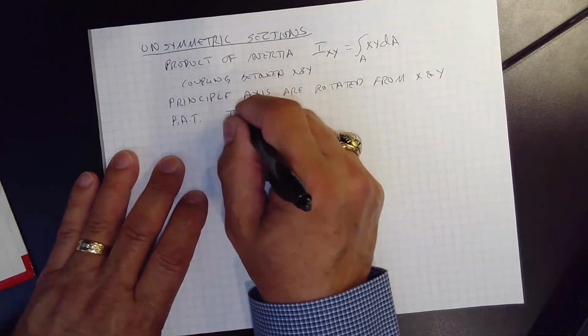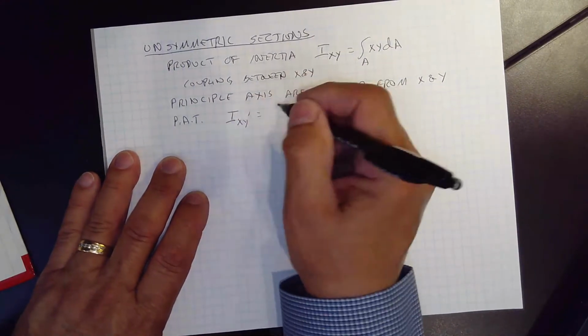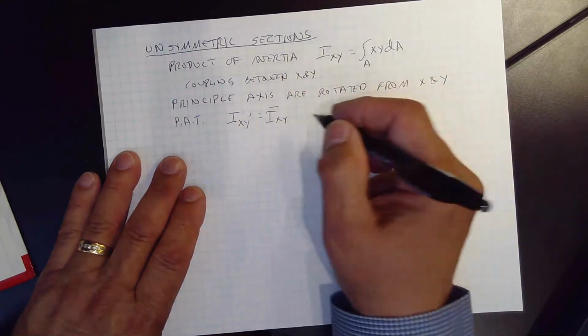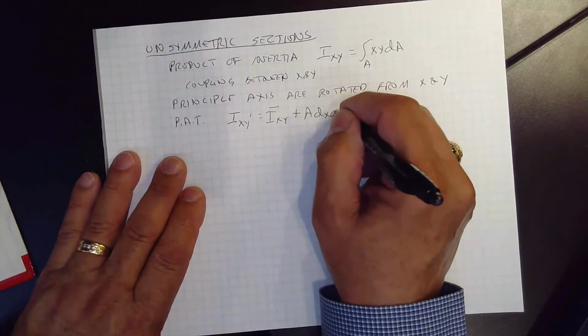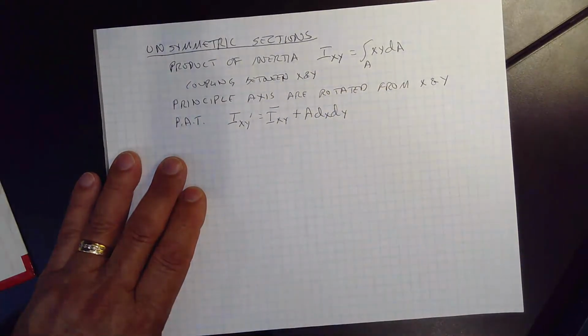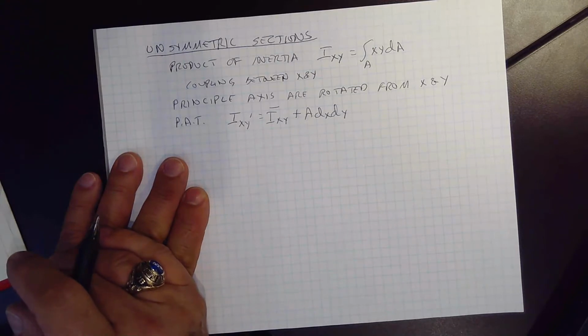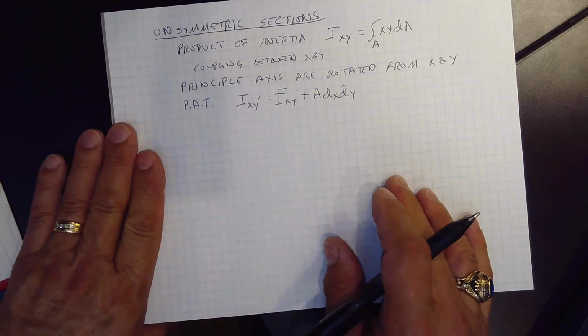That says that Ixy prime is going to be equal to Ixy bar, or not, plus A dx dy.